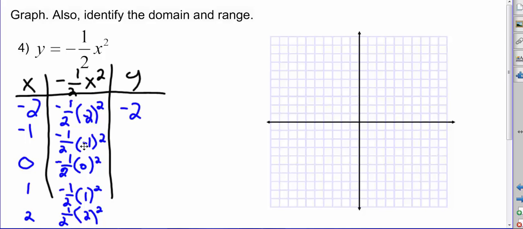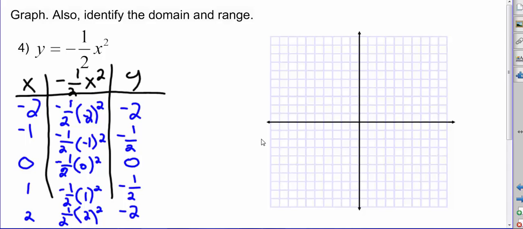That's going to give us 1. 1 divided in half is going to be 1/2, and that's a -1/2. 0 is just going to be 0. Then we're going to have a 1 squared, so that's going to give us 1, and we're going to have a negative in front again, so it's a -1/2. And then we're also going to have a -2 for that one.